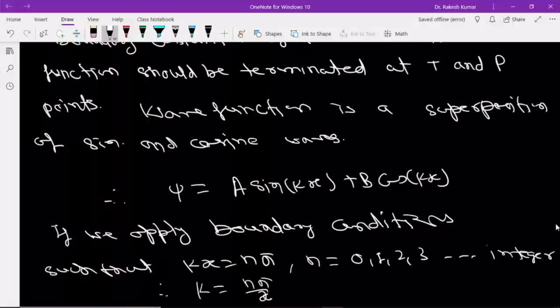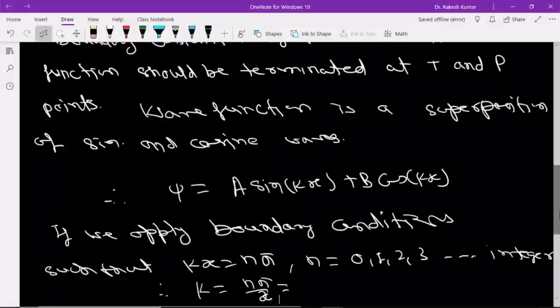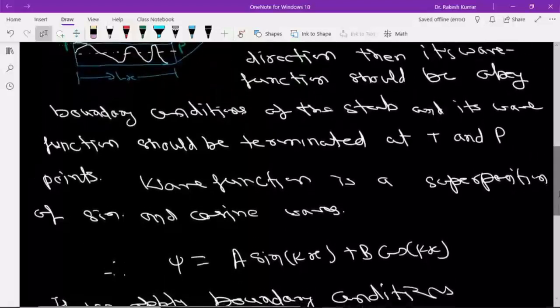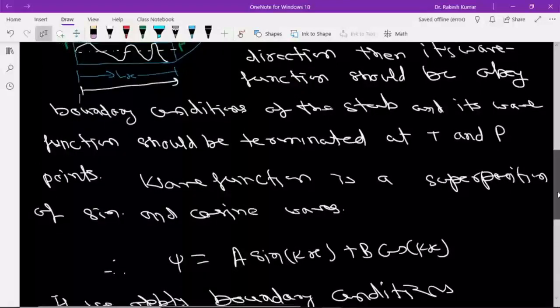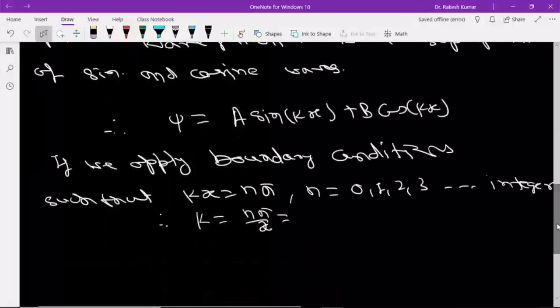As earlier we know how we can write this k or wave vector, and if we use this dimension that is Lx, then instead of x we can write here Lx, that is k equal to n pi by Lx.